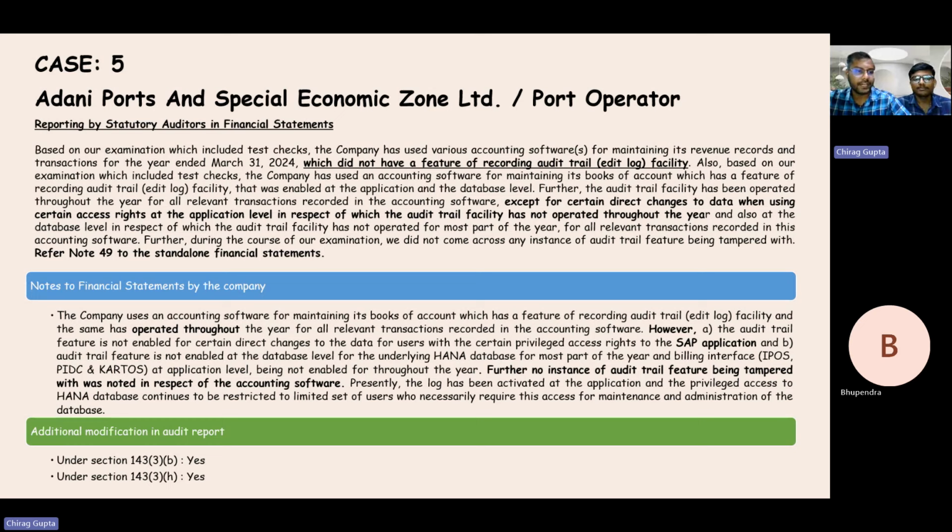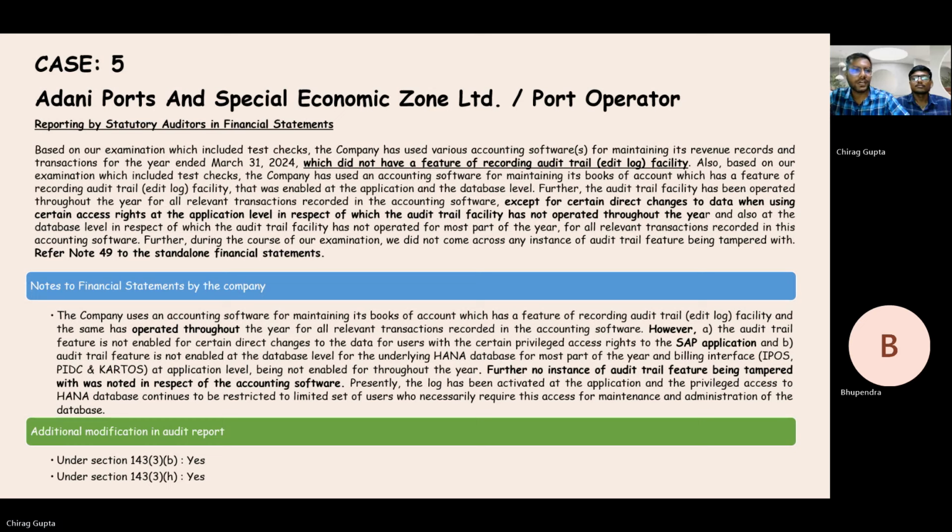Refer note number 49 to standalone financial statements, so that the users of the entity can get a brief view of where and for what time the audit trail facility was not operating efficiently, and also because the audit trail facility was tampered with and was not running properly during the year 2024.